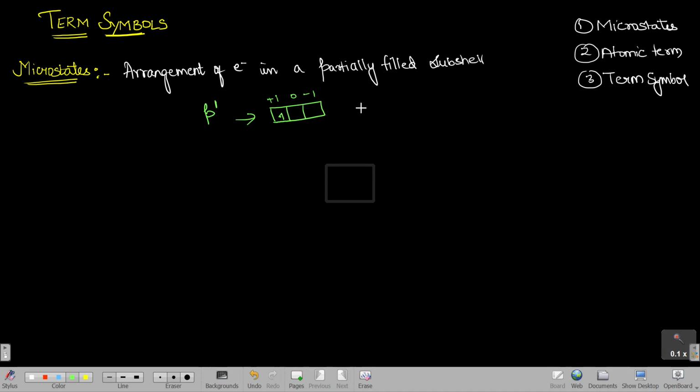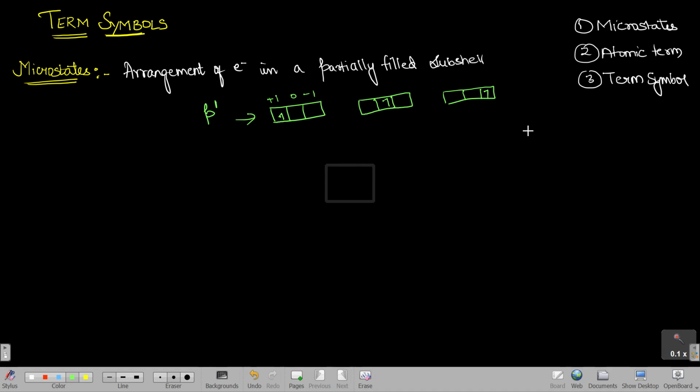But then electrons, we know that they can occupy any space. Since all are vacant, the electron can also be here, the electron can also be here, right? And also the electron can have either a spin of +½ or -½. So whenever we give a particular configuration of any molecule, the electrons in that configuration can be arranged in n number of ways. That is not possible in a fully filled subshell.